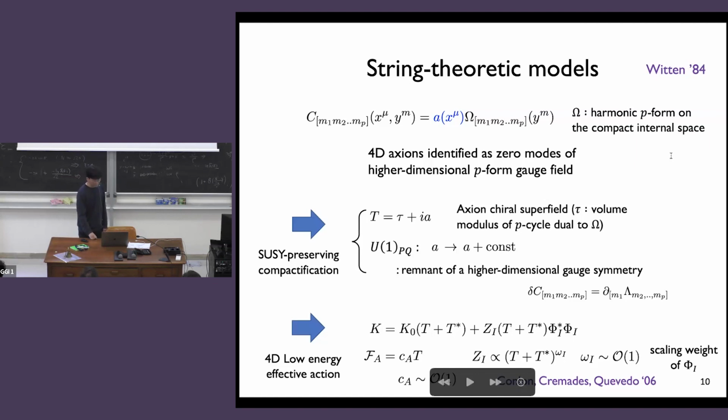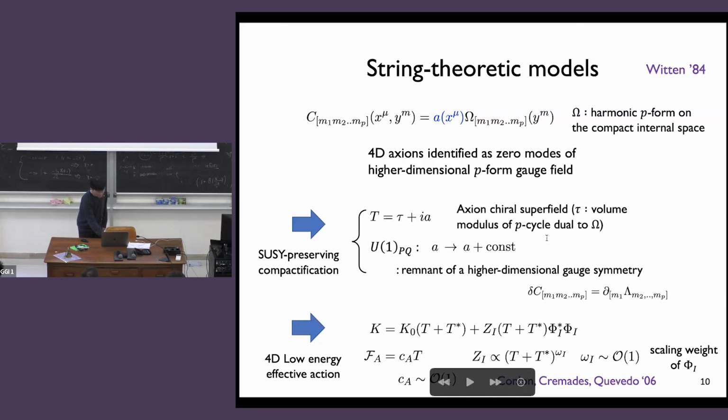So if we consider SUSY preserving compactification, then the low energy effective Lagrangian for the axion will be described by this axion chiral superfield with the associated superpartner field tau, the saxion field, and this is identified as the volume modulus of the p-cycle due to this harmonic p-form.